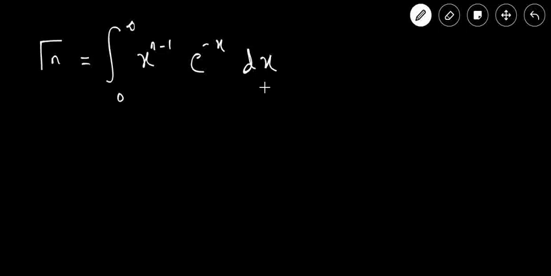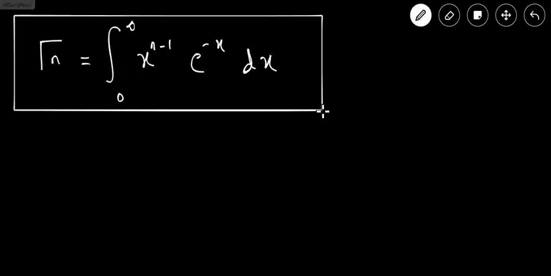All right, where x is a dummy variable that we use. So this is the generalized expression for the gamma function, which is the basic definition of our gamma function, and we will be using this expression to do a lot of mathematical problems.